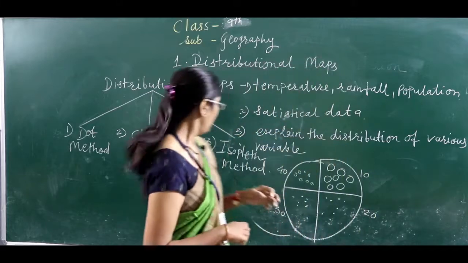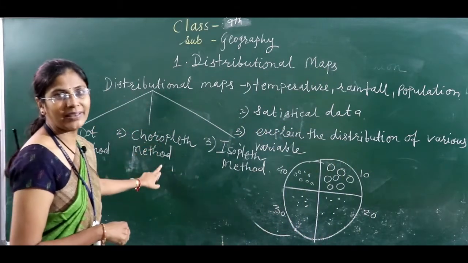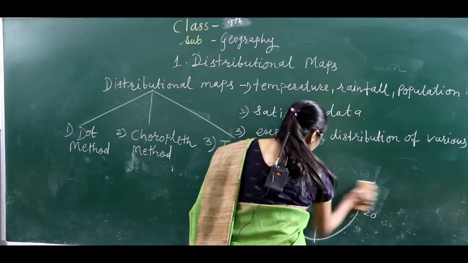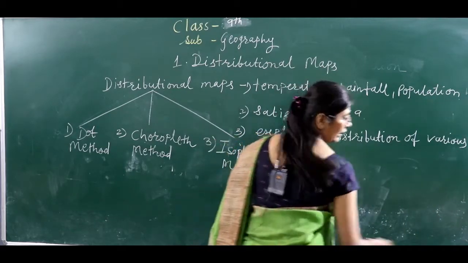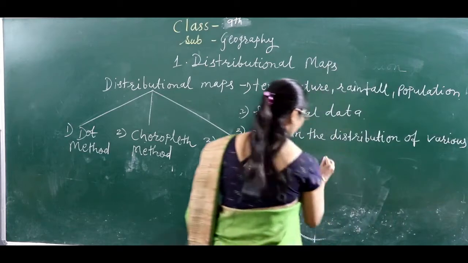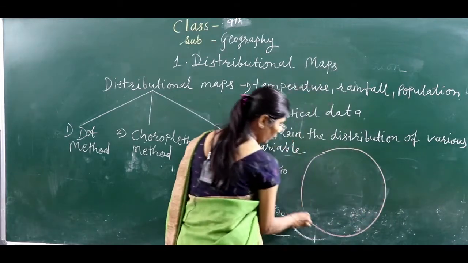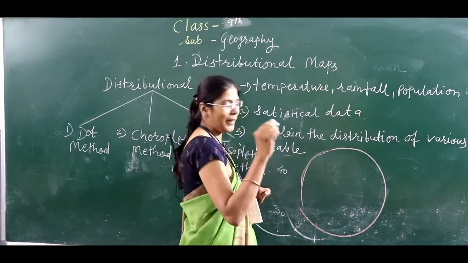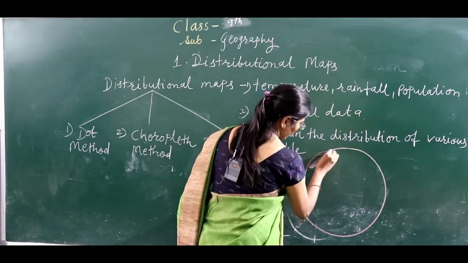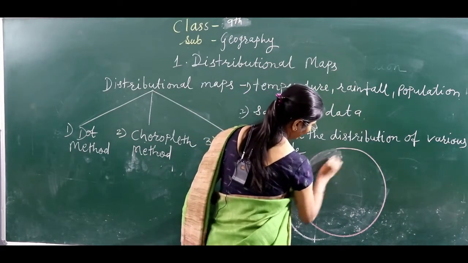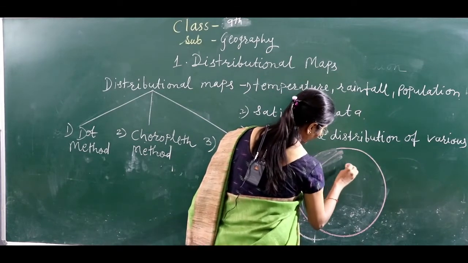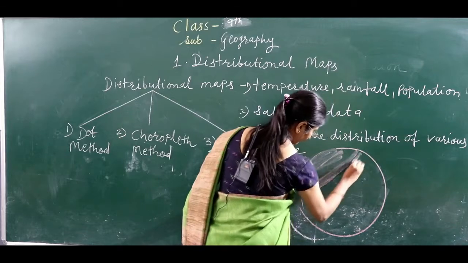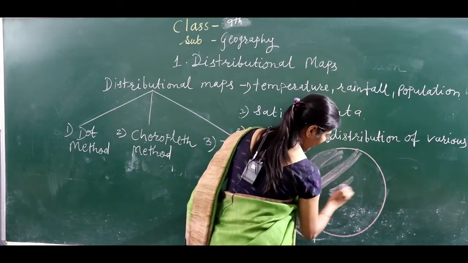Now we see the second one, the choropleth method. In a choropleth method, we use different shades of one color, like a pink color. In a choropleth map, somewhere we use a dark shade, and somewhere a light shade.